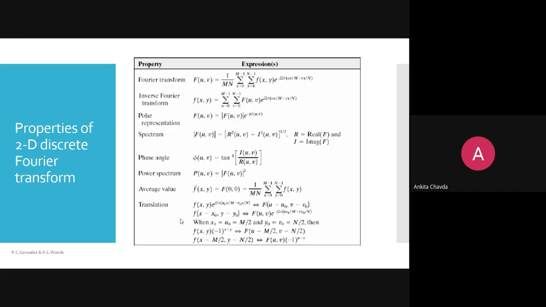Now just have a look at all the properties once. These three you already know now: spectrum, phase angle, and power spectrum, because these three are the most important. You already know the Fourier transform and inverse Fourier transform, means items 1 to 5. What is the polar representation? What is the average value? What is translation? We will discuss translation.